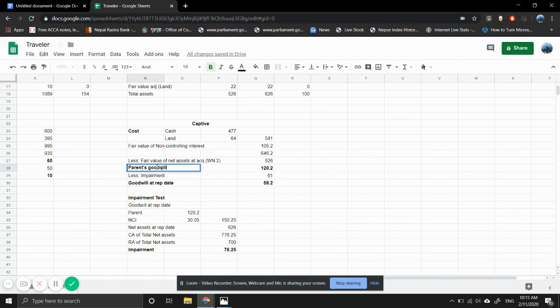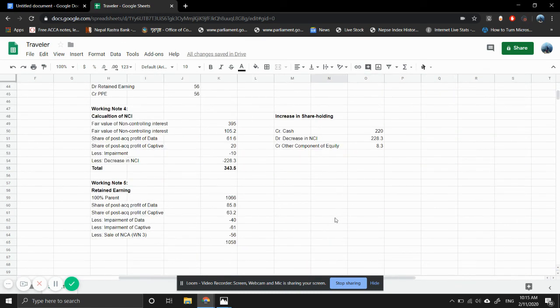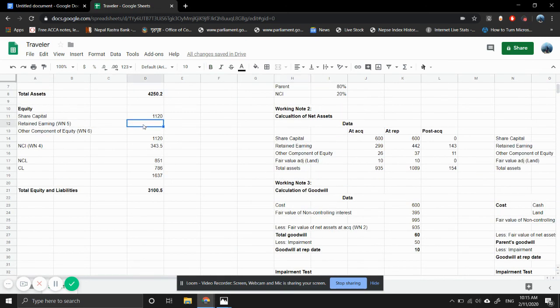Parent's goodwill. Okay, so once this is also done, this will be our total. Retained earning is K65, right?